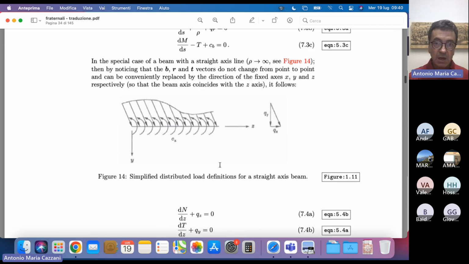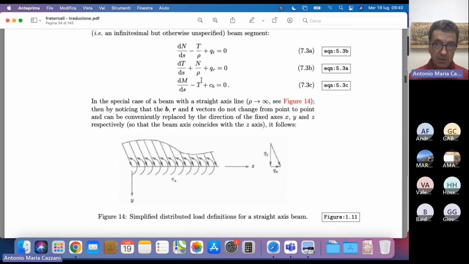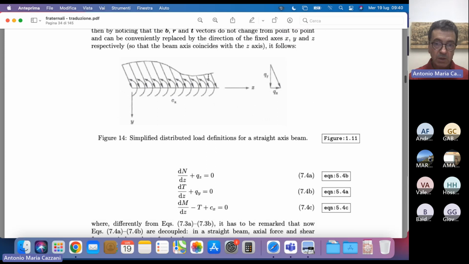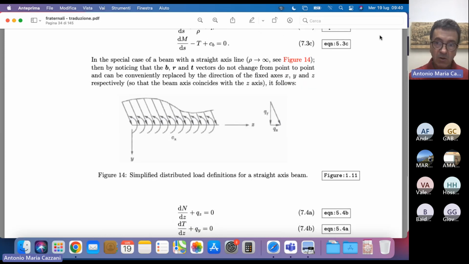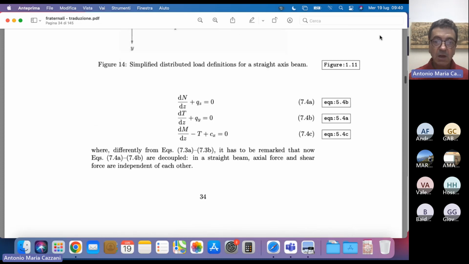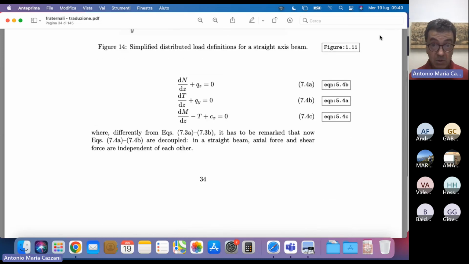which is the direction perpendicular to that plane, and so the direction along which the moment vector acts. So in this case, we see that if the beam axis is straight, these coupling terms from the first and second equation disappear, and we get simply the usual equilibrium equations of rectilinear beams we are accustomed to in standard strength of materials classes.